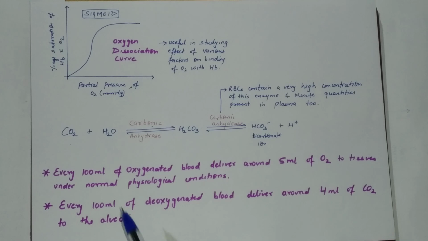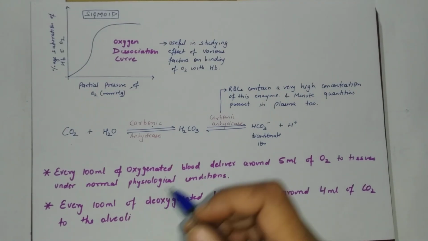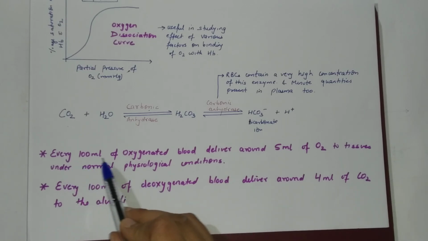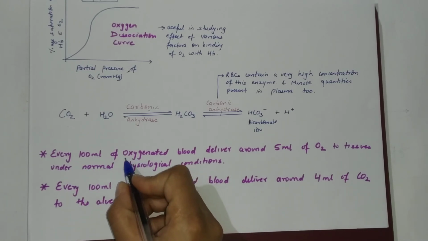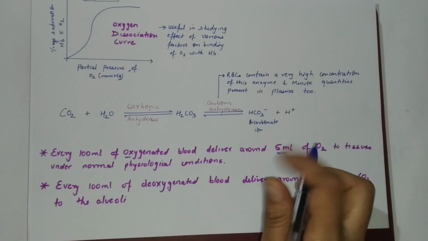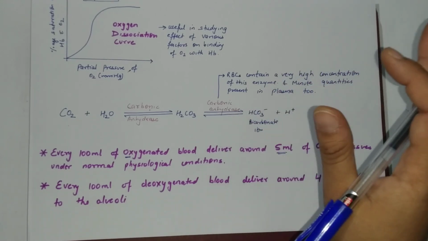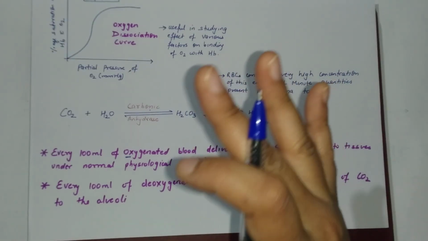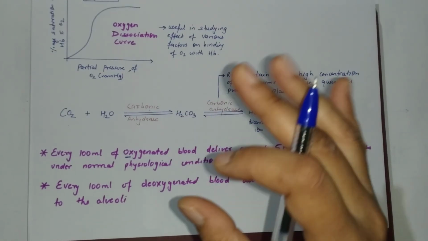Okay. At last, two very important points that should be taken care of. Every 100 ml of oxygenated blood delivers around 5 ml of oxygen to tissues under normal physiological conditions, meaning you are not doing any exercise, you are just sitting and studying or doing nothing.